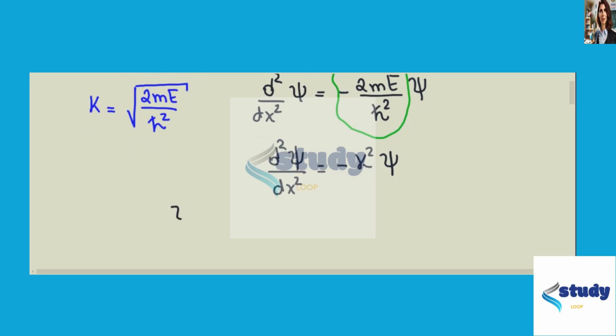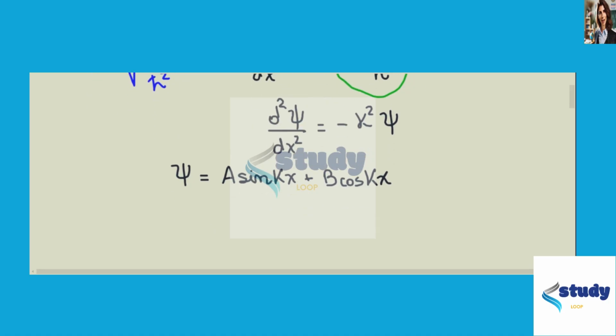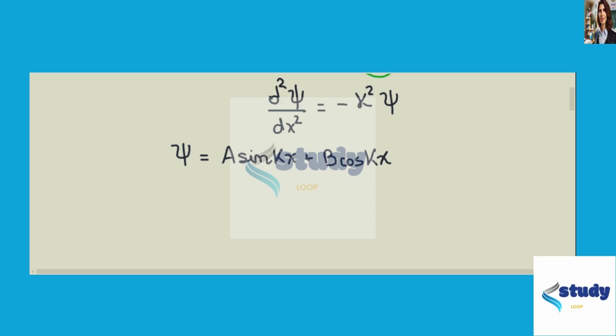And the solution to this equation is that phi is equal to a times the sine of kx plus b times the cosine of kx. Okay, but we have to impose that phi of 0 be equal to 0. Now, phi of 0 is a times the sine of 0 plus b times the cosine of 0. Now, the sine of 0 is 0, so the first term vanishes.